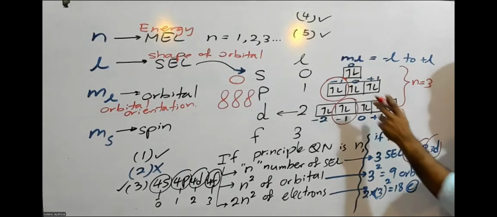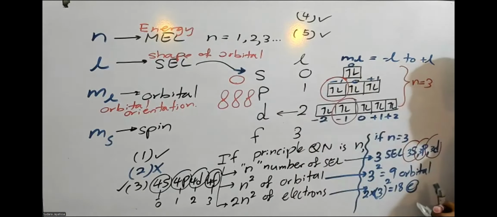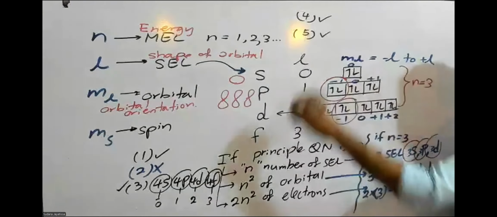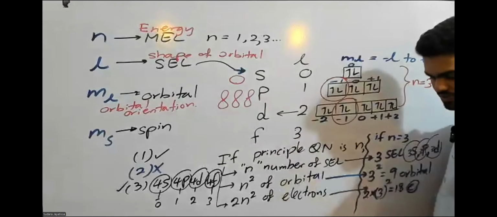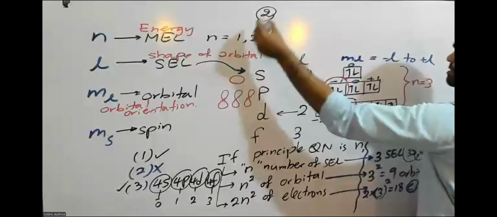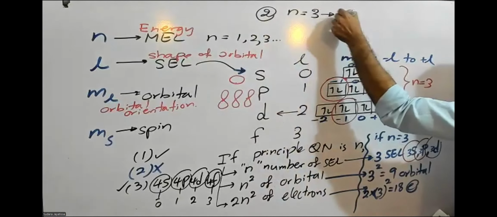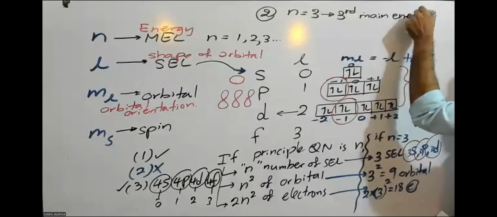So there you have minus 1 for one orbital in 3p, and there will be one orbital in 3d also. For the second MCQ, you can write a small statement like this. n equal 3 means the third main energy level.